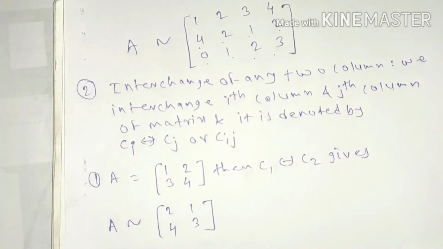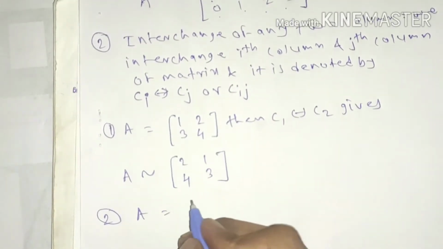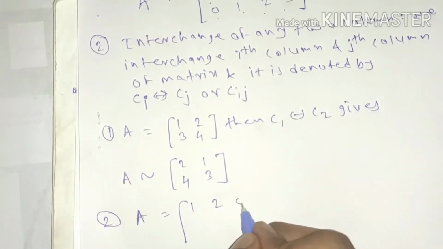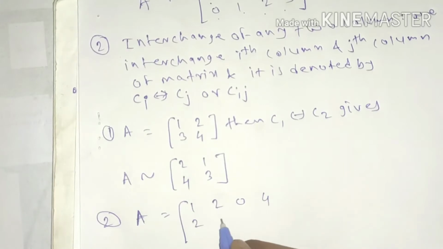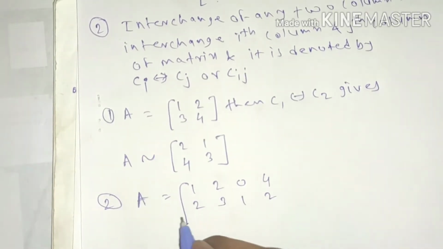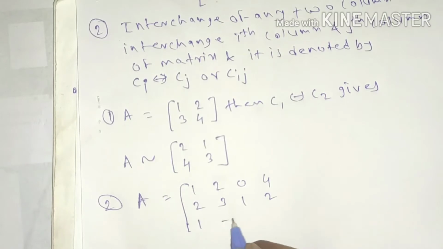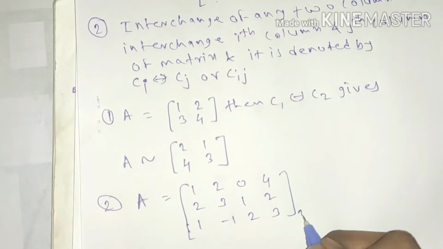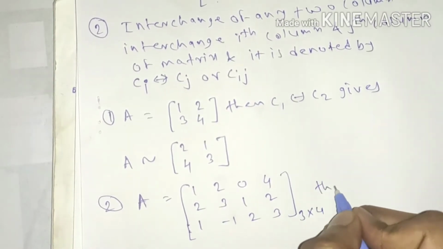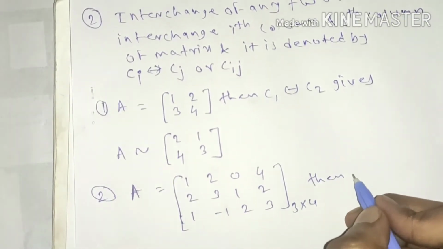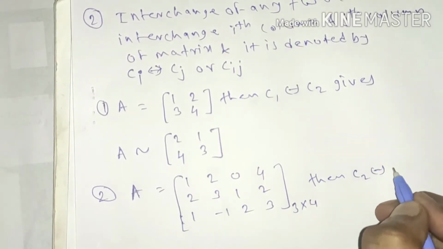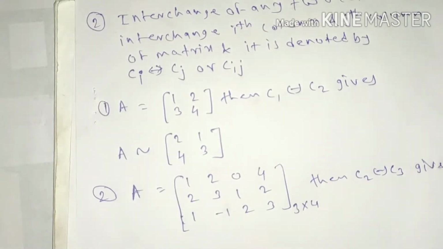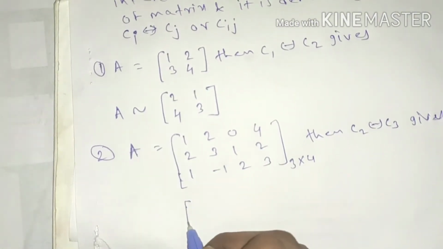See one more example. The matrix A is [1 2 0 4; 2 3 1 2; 1 -1 2 3], a matrix of order 3 cross 4, then C2 changes to C3 gives the new matrix.